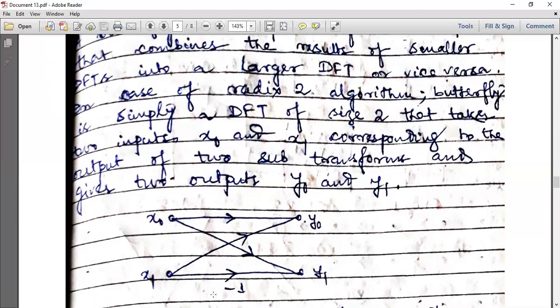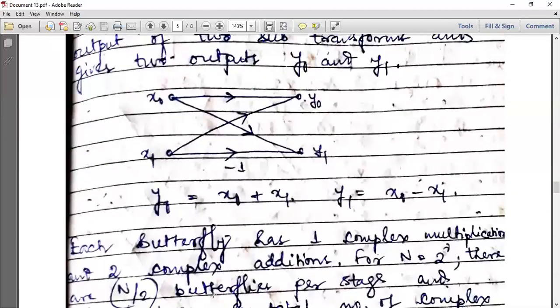Now, how to express this butterfly into equations? Given these arrows, given this diagram, how do you express this butterfly into equations? Since y0 and y1 are outputs, obviously output will be the result of inputs. So I write y0 equal to x0 plus x1, the straight line between x0 and y0, and the diagonal between x1 and y0.